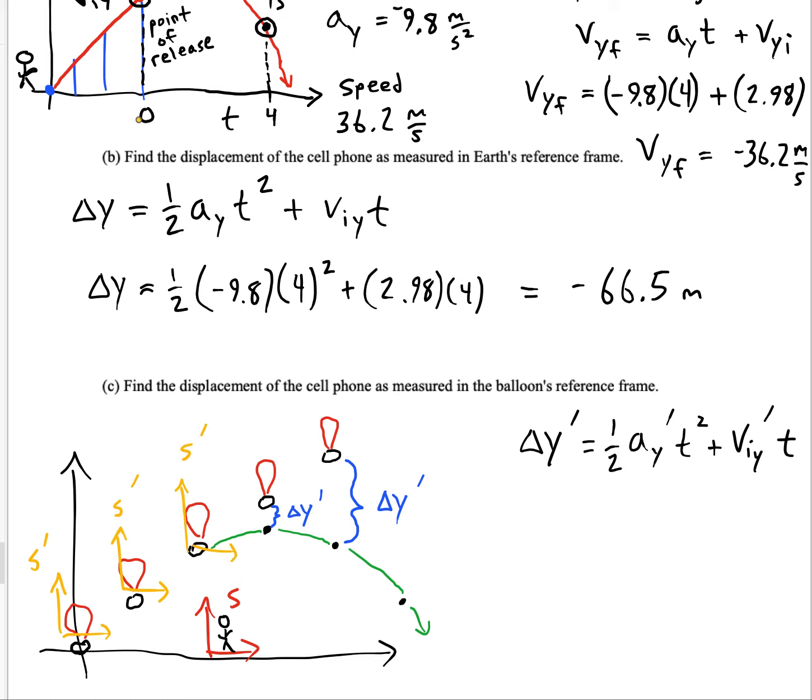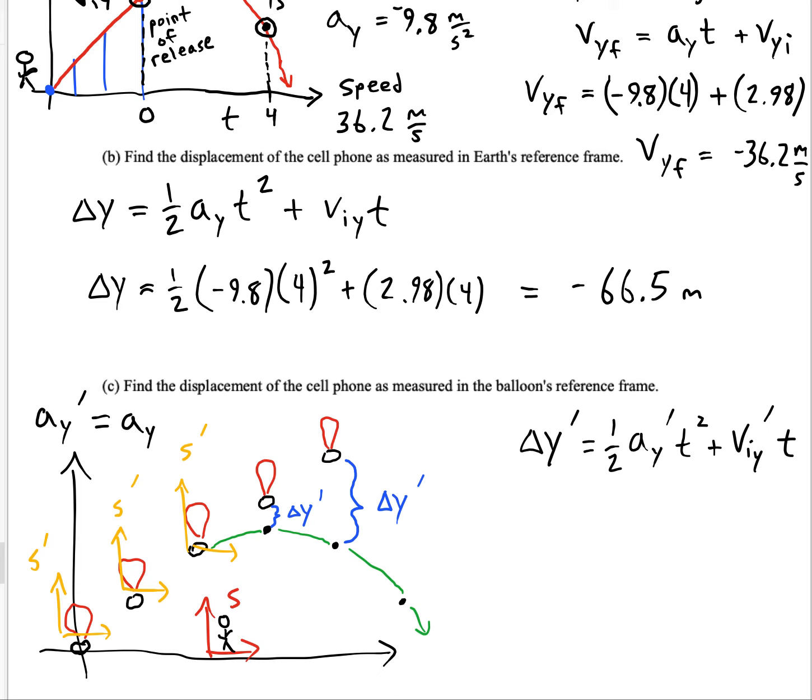Both of these frames are going to see the same acceleration for objects. So we're going to find that a prime is equal to a. It's going to be negative 9.8 for both. And Einstein addressed this when he talked about his general theory of relativity. He said, if you were in a box, like an elevator, and you were falling, all the objects in that elevator would have the same acceleration, but you wouldn't know that you're falling if you were in it.